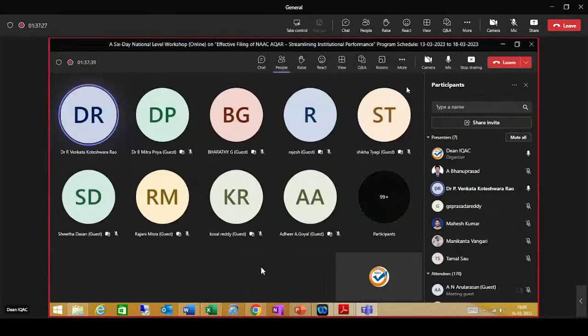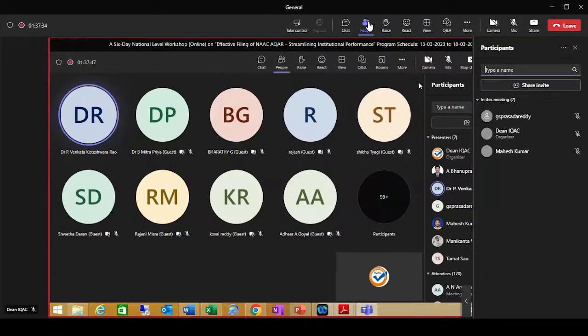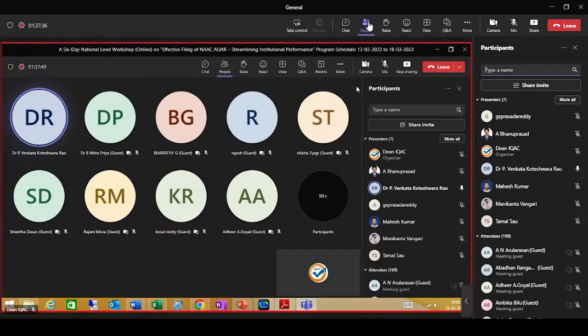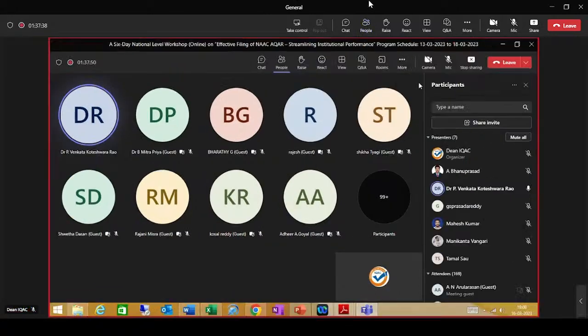Thank you for the session, ma'am, for explaining various QLMs and QNMs and the importance of the governing body, and how the stakeholders can be involved in all the criteria and various committees of statutory and non-statutory bodies, and how the institute can be responsible for social activities and have overall development in all aspects.